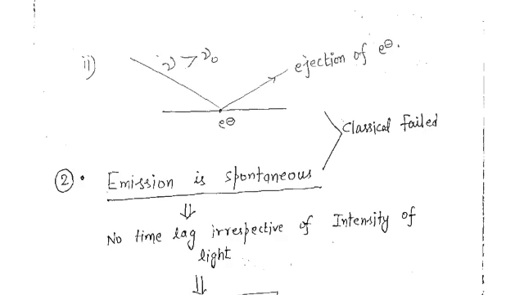But try to understand that electrons are now being ejected, and these ejected electrons will possess some amount of kinetic energy, and that energy is the result of the frequency or the energy of the incident light.